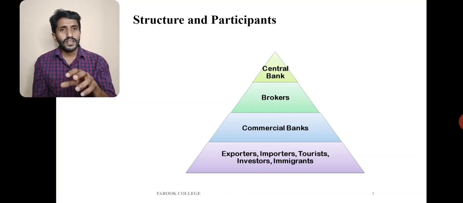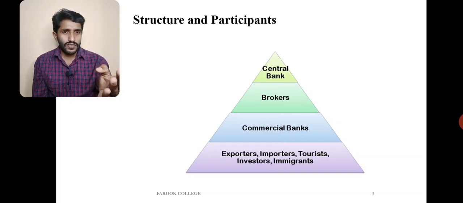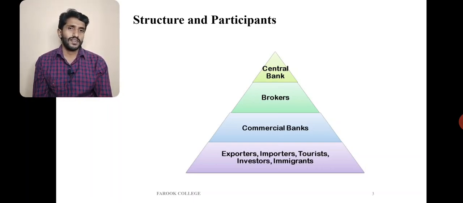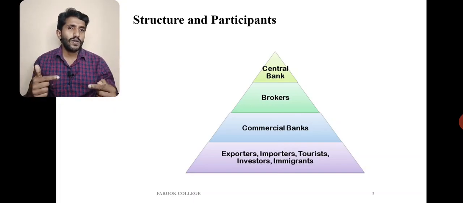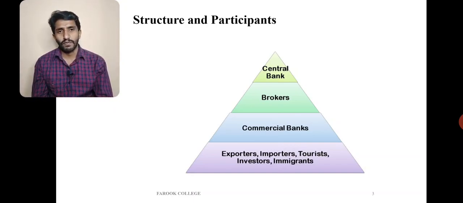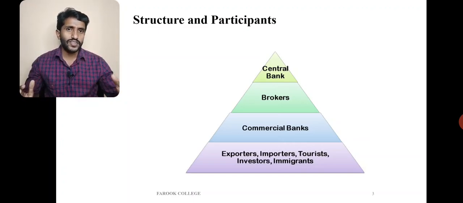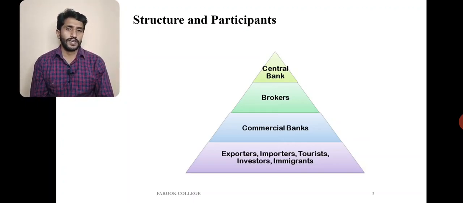And ultimately the beneficiaries of this forex market are exporters, importers, tourists, investors and immigrants. These are the real players of the forex market. All these players will be connected with the commercial banks. They will be dealing with the commercial banks, and the commercial banks will deal with the brokers, then the brokers deal with the central bank. So this is the structure of the forex market.